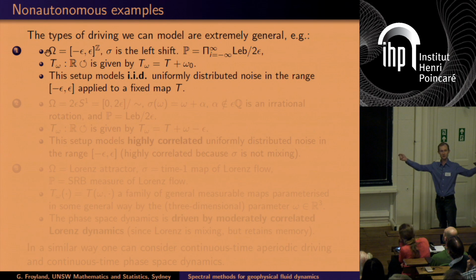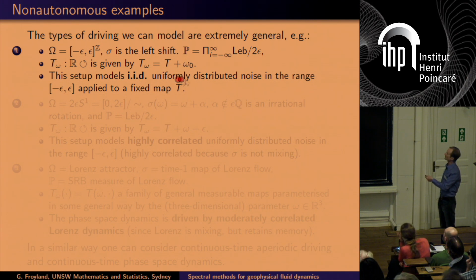It's a bi-infinite string of numbers between minus epsilon and epsilon. I look at the 0th or the central entry, and that's what I just perturb by addition here. Now as I shift, I'm going to proceed along my sequence. And so this setup models IID uniformly distributed noise in this range applied to a fixed map T. Okay? So memoryless perturbations.